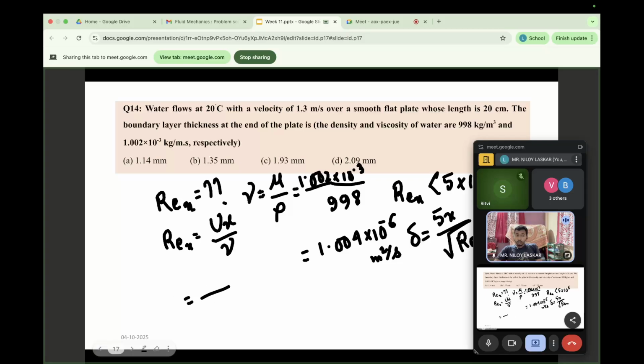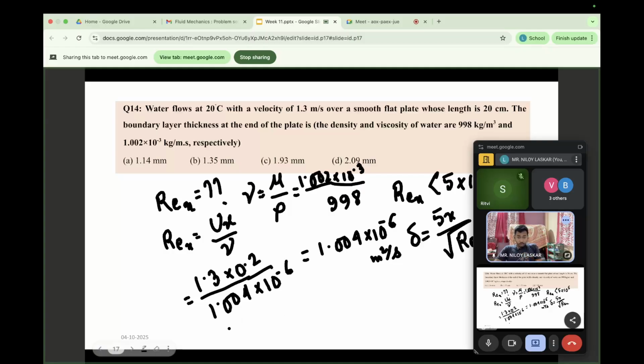So this u is 1.3, x is 20 centimeter, which is 0.2, and this one is 1.004 into 10 to the power minus 6.